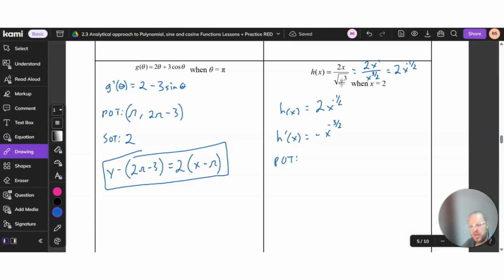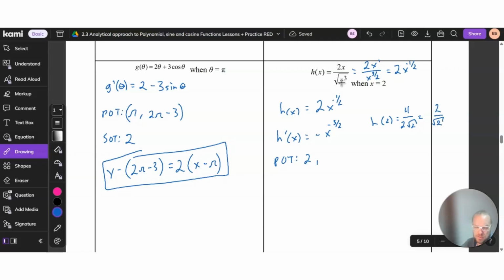Then I need to go ahead and find those POT and SOT to get that tangent line. So I'm going to plug 2 into the original equation. So this is h of 2. h of 2 is going to be 4 over 2, 4, 8 square rooted, which is 2 root 2. And 4 over 2 is just going to be 2 on the top, so it'll be 2 over root 2.